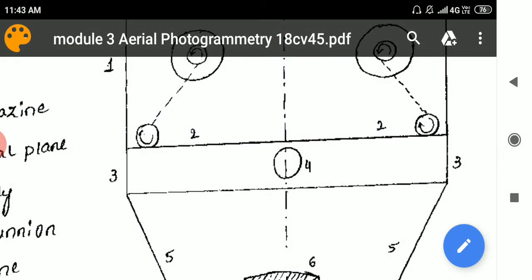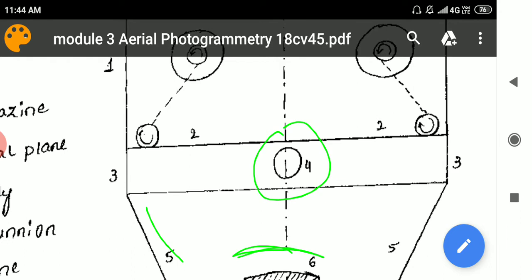You studied the trunnion axis in the theodolite. Fifth one is the cone, and sixth one is the lens. See here, this is the camera lens.